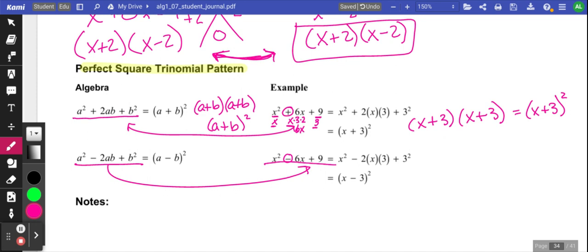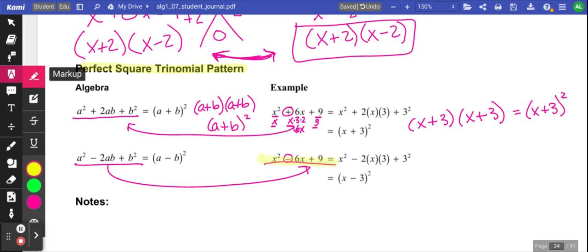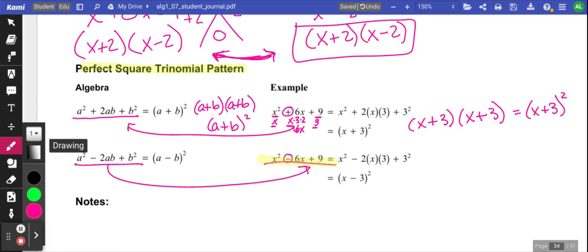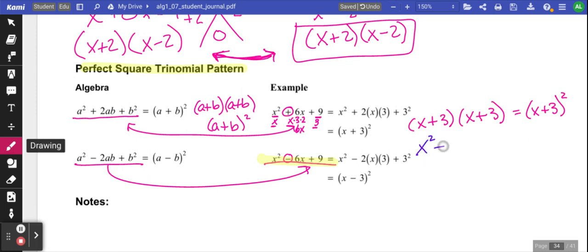Let's look at this second one over here. Okay, this x squared minus 6x plus 9. I could think, okay, I need numbers that multiply to 9 but add to negative 6.